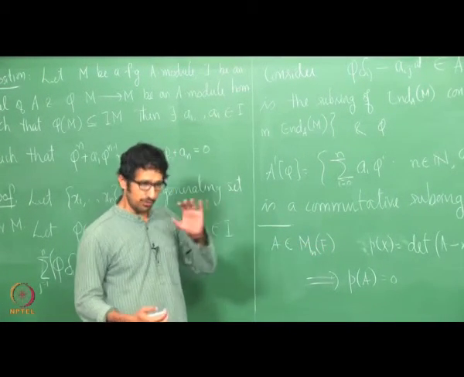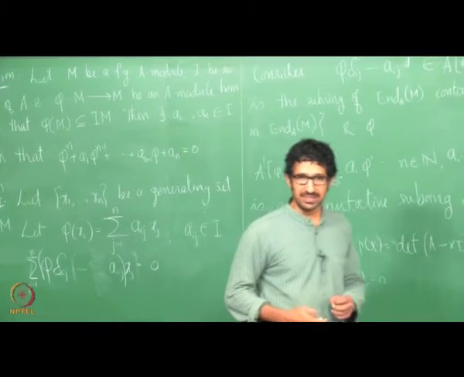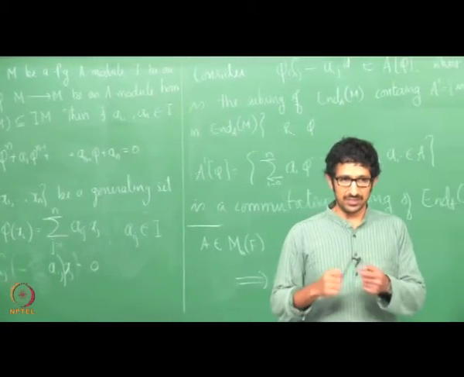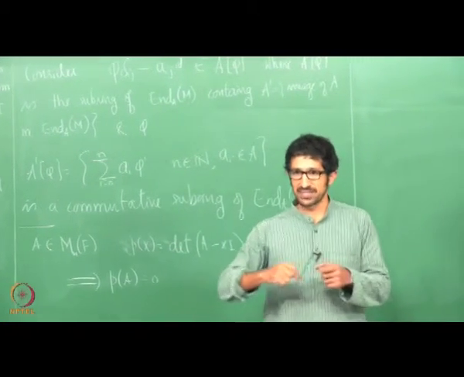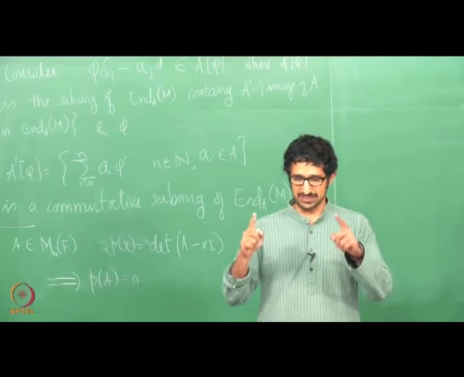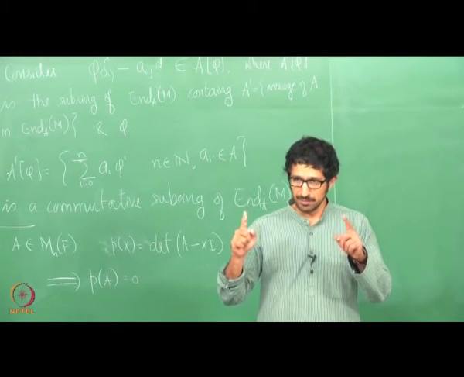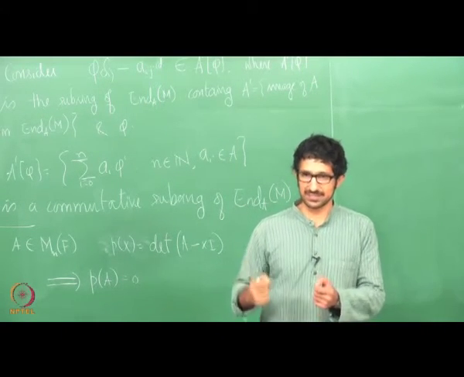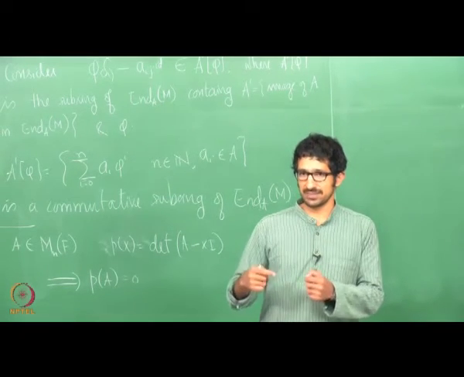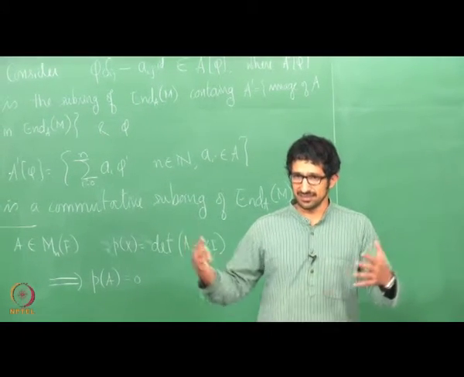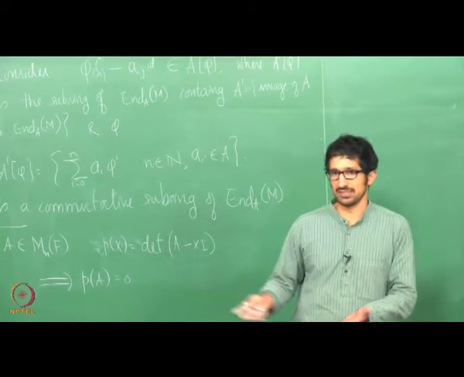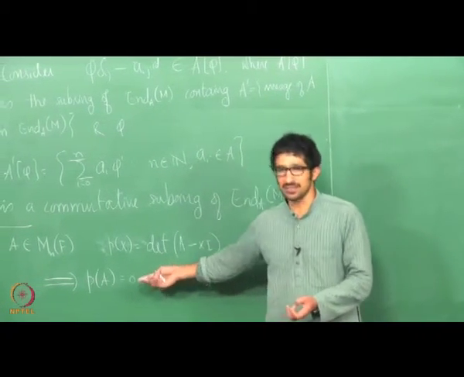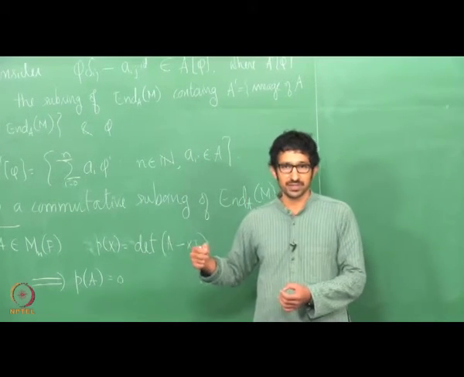Now how do you prove this? Take this matrix, look at the matrix containing the cofactors, basically the adjoint, and then multiply and see that this gives you the determinant and that gives you the 0.